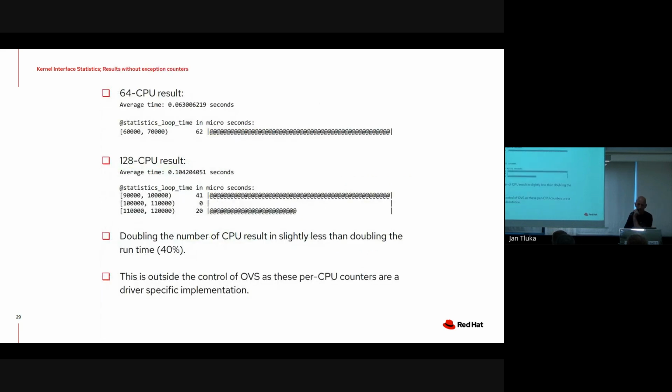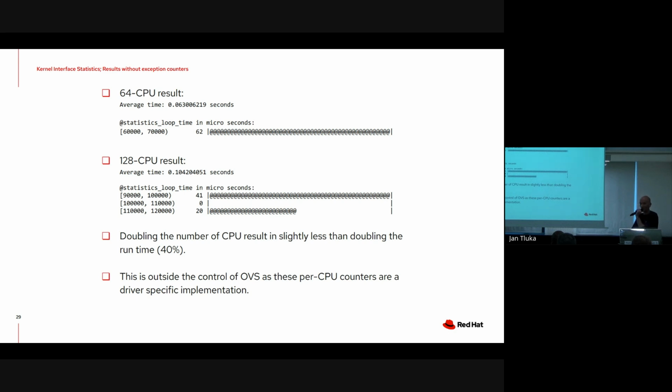So what you can see here is that for the system with 64 CPUs, it's roughly around 63 milliseconds to run the statistics on those 1024 interfaces. When I have 128 CPUs, you can see that it's roughly 40% more time spent getting the statistics.